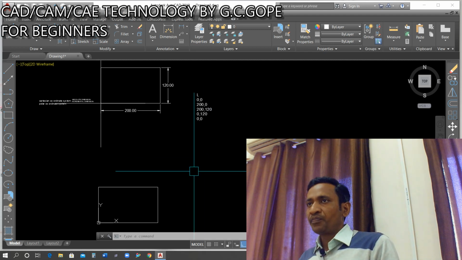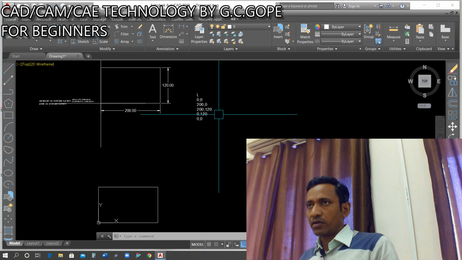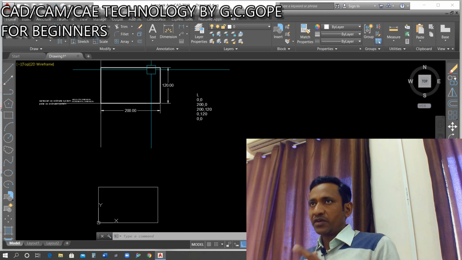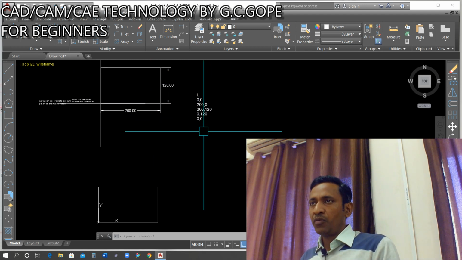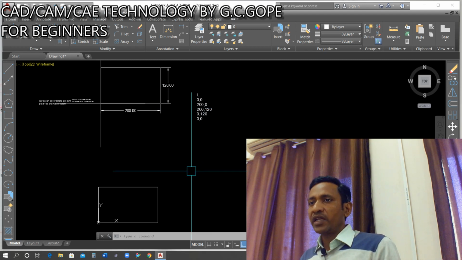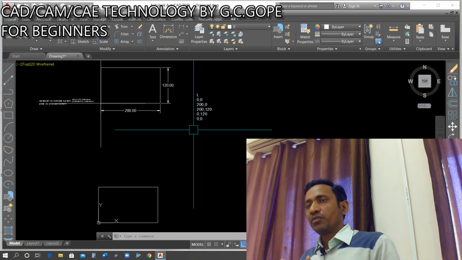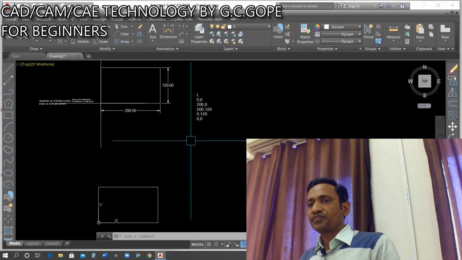I have written the coordinates of this rectangle, which means this is the program of absolute dimension, and practically we have done this in the UCS system, so this is the practical use of absolute dimension. Let's do incremental dimension.